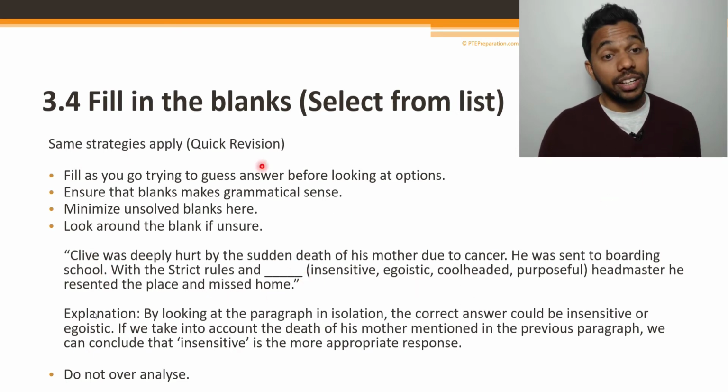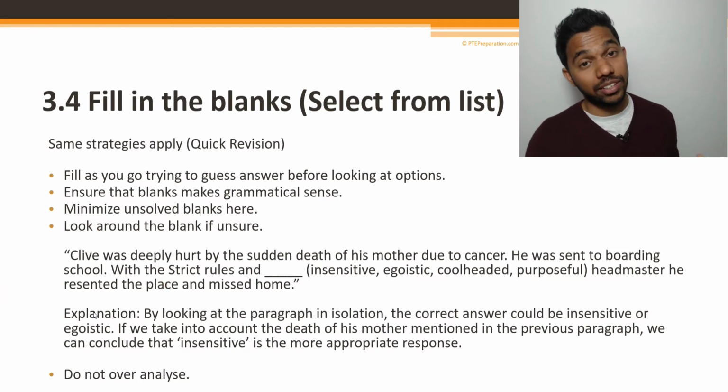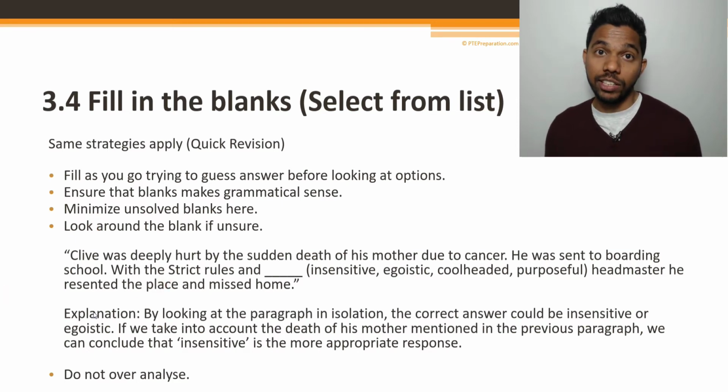But if you read the previous sentence, it said that this Clive, the student, was deeply hurt by the sudden death of his mother due to cancer. So his mother died, and based on that, why would he resent the headmaster or the place, the boarding school that he was sent to, even more?